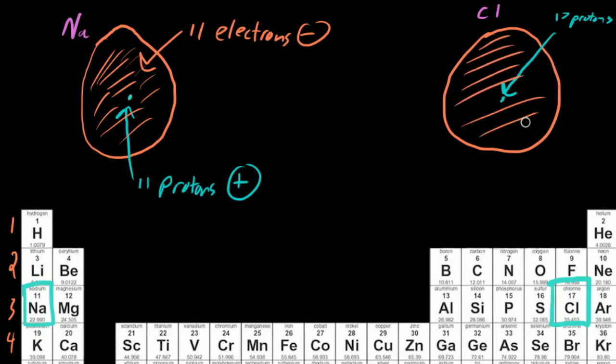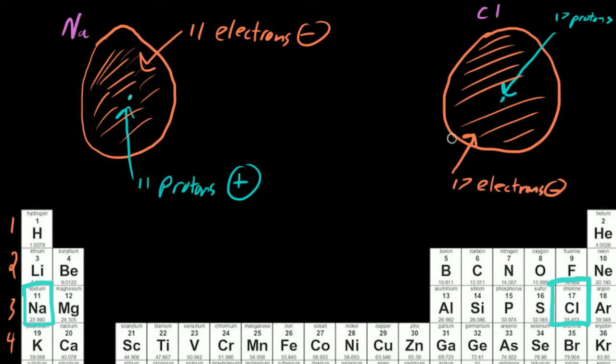We're not going to worry about the shape of the orbitals here either, because, as hopefully you've realized over the past few videos, there are a bunch of different shapes that the orbitals have. But around these 17 protons that all have a +1 charge, there are also 17 electrons, and they all have a negative charge.